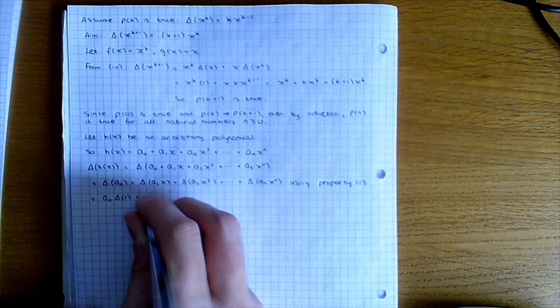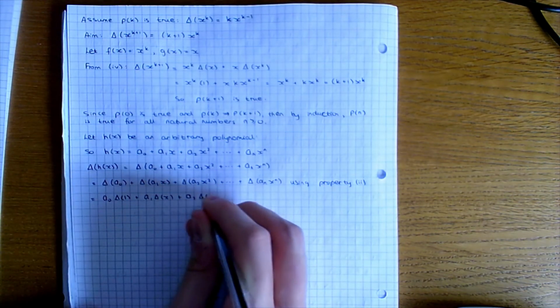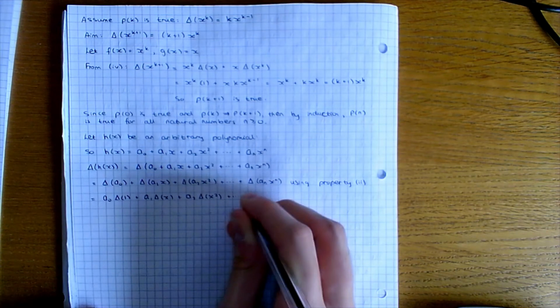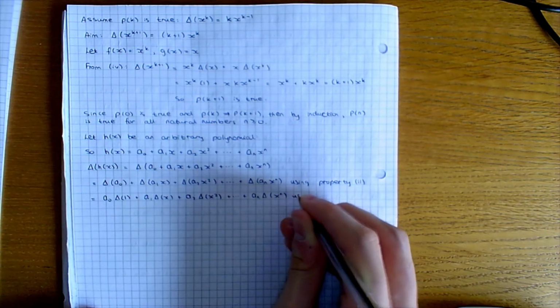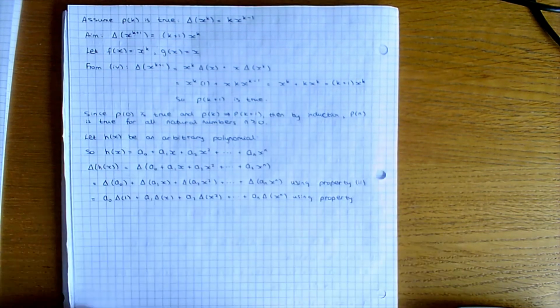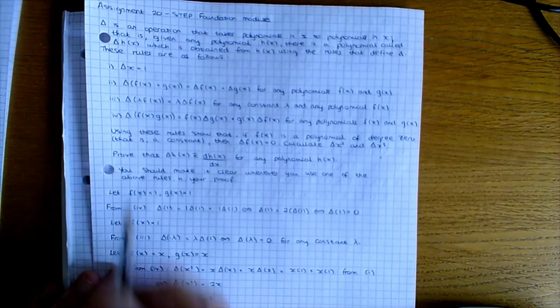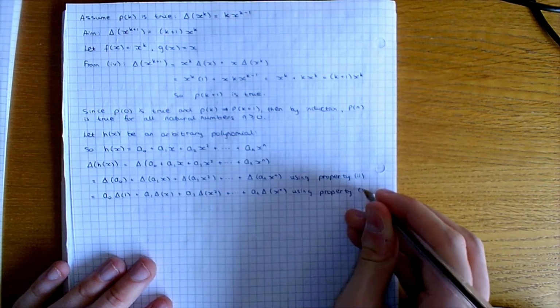Well, this can be written as a0 delta 1 plus a1 delta x plus a2 delta x squared plus etc. up to an delta x to the n, and this is using property 3, we can take constants out, that's all I'm doing here.